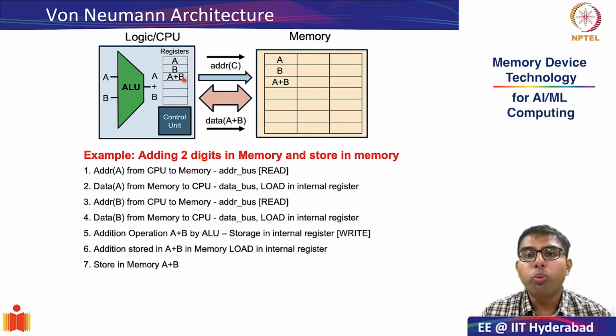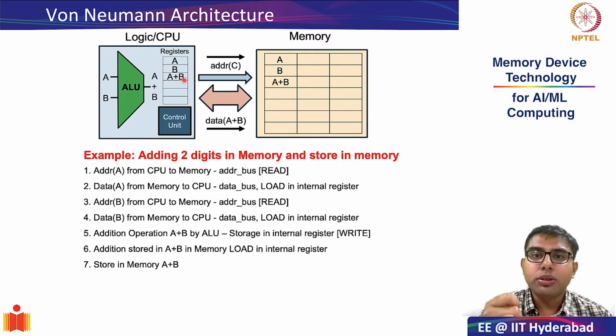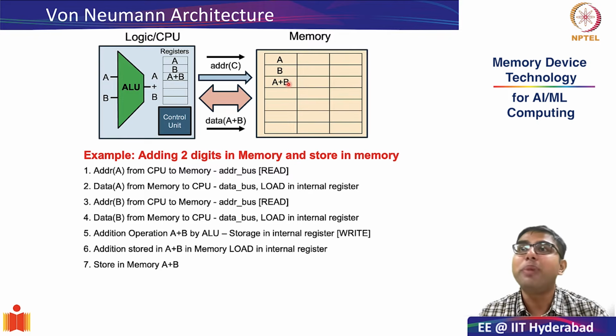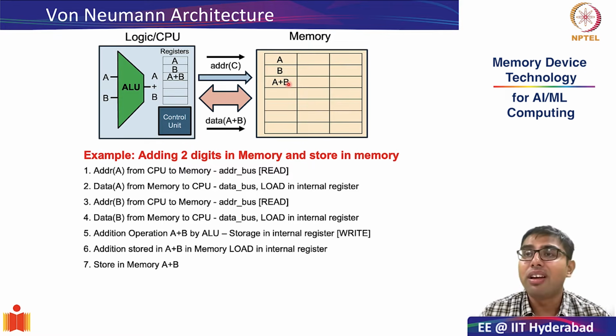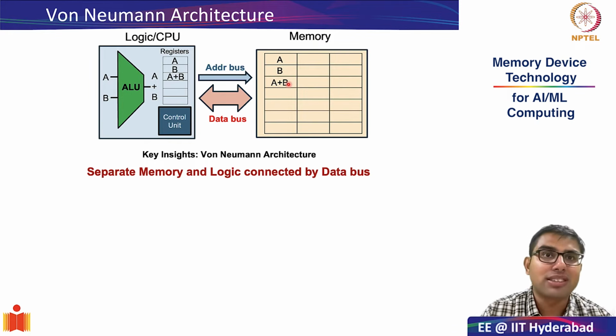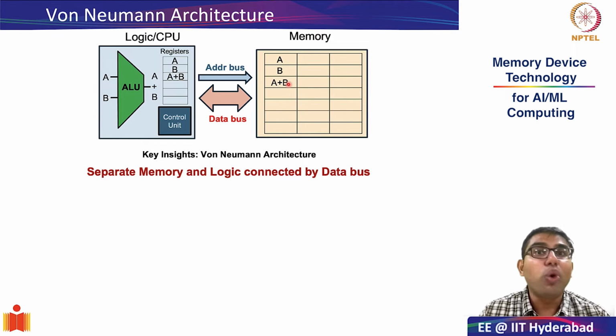The final step will be asserting the address of C, which is a new memory location where you want to feed back the output, and the addition of A plus B is written back to memory location C. So through these detailed steps, the Von-Neumann architecture performs a very simple operation of A plus B and stores it back into memory location C. What we learned from this sequence of steps we will encapsulate in the next slide, and it is very important to remember these aspects of the Von-Neumann architecture before we move further.